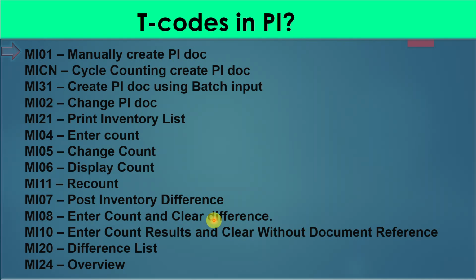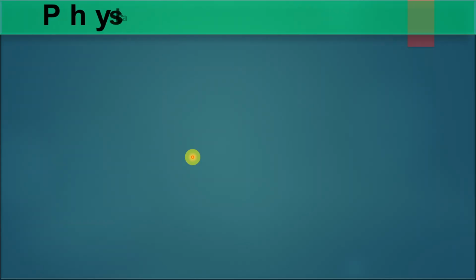Then MI10 is a combination of MI01, MI04 and MI07, so this single T code does everything: creating your document, entering the count and posting the difference all together. Then we can view the difference list with MI20, and we can also check the overview of physical inventory with MI24.